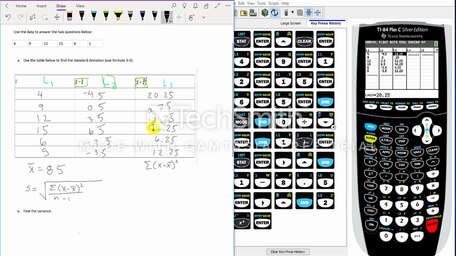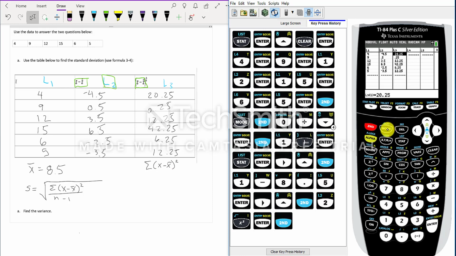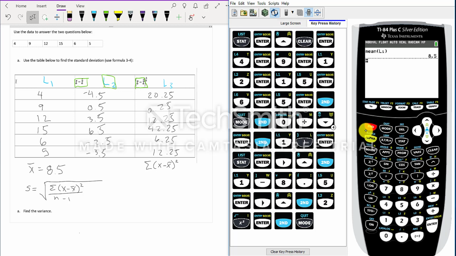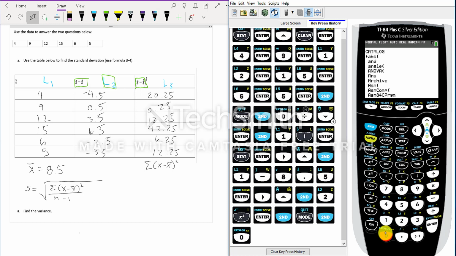The numerator tells me to add that x minus x bar squared column. So we're going to have the calculator do this portion for us. Go to Second and go to Quit, because when doing a calculation on one of the columns on the calculator, always go to Second and Quit. Then go to Second and Catalog, and tell the calculator to find the sum for me.